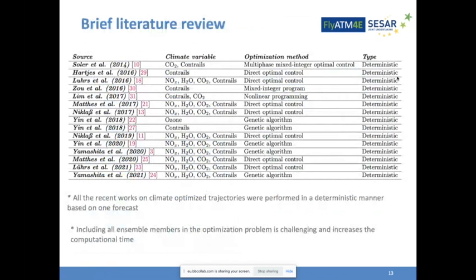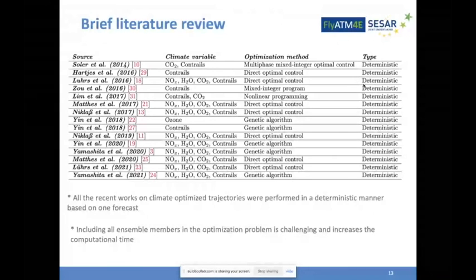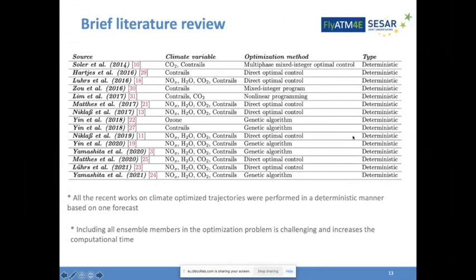To briefly review the literature, I will restrict the attention to the last column, which is the type of optimization. In fact, all the previous work on climate optimized trajectory was performed in a deterministic manner based on one forecast. There is a gap in the literature, and as I showed in the previous slides, there may exist an uncertainty, and the uncertainty may be up to 50%.